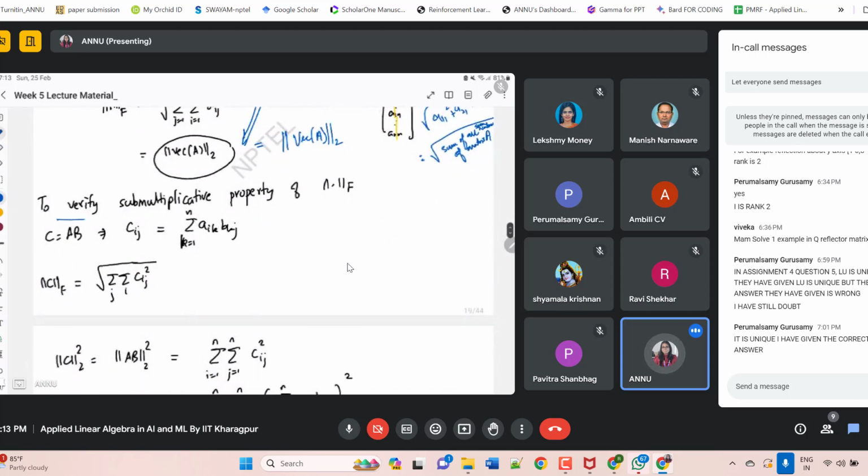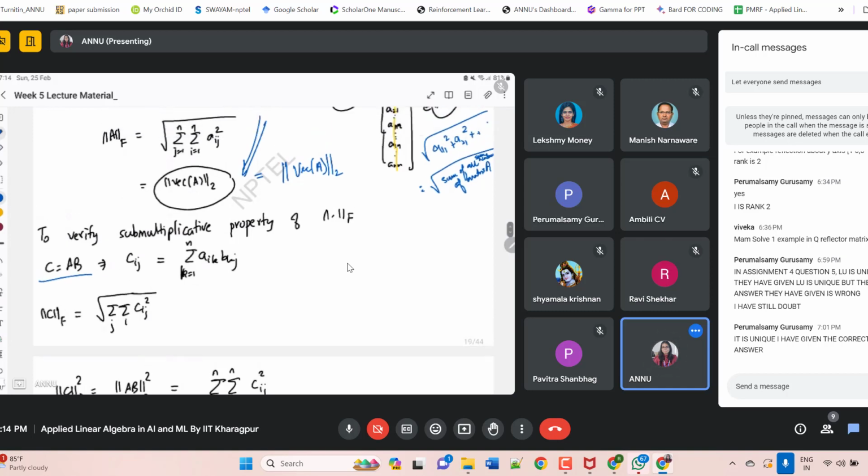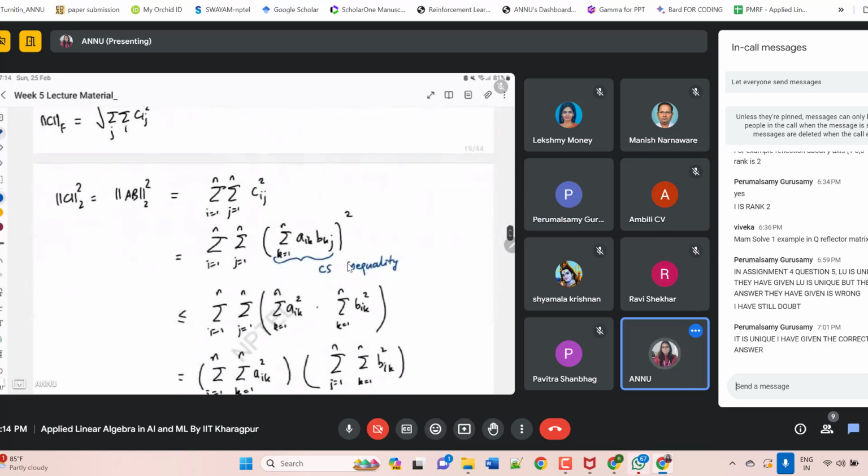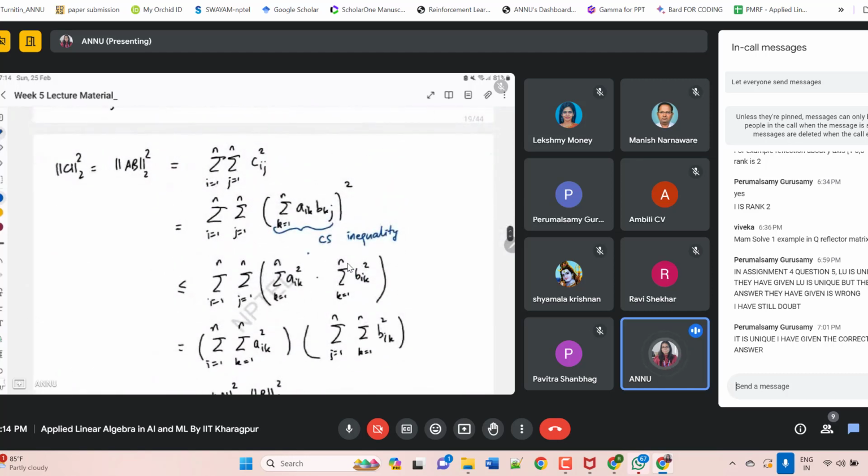To verify the sub-multiplicative property of the Frobenius norm, suppose C is A into B. So let's see what the Frobenius norm of C is. What is our aim? We have to show that the Frobenius norm of AB should be less than or equal to the Frobenius norm of A times the Frobenius norm of B. You can identify this sub-multiplicative property using the Cauchy-Schwarz inequality.